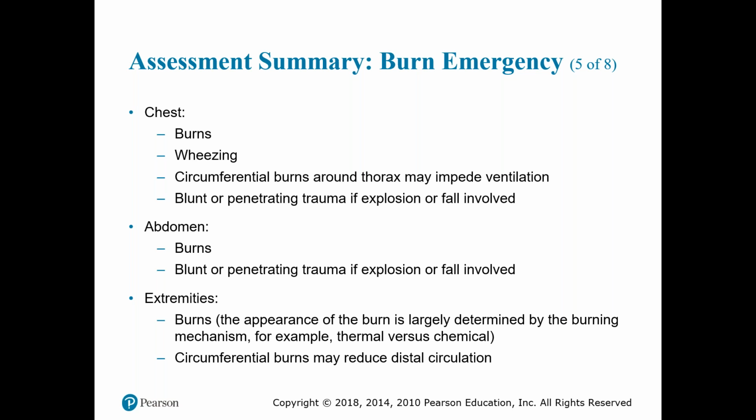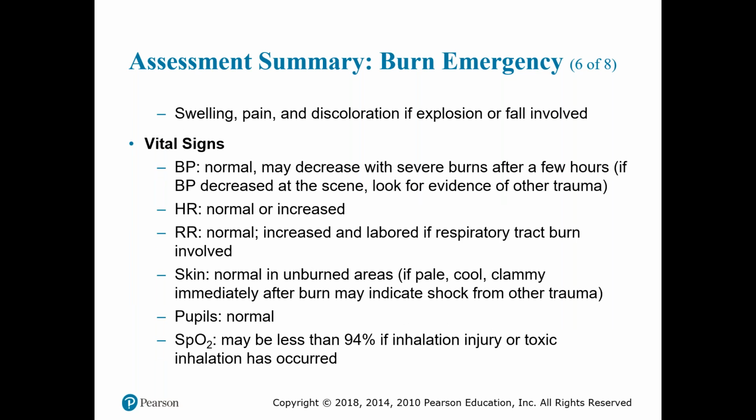When we get down to the chest, look for burns, wheezing. This is when we're going to auscultate our lung sounds, and then be looking for any type of blunt or penetrating injuries from a fall or from an explosion. Abdomen, same thing. Extremities, same thing. We're looking for significant injuries, significant burns, and then any other musculoskeletal trauma that might have occurred.